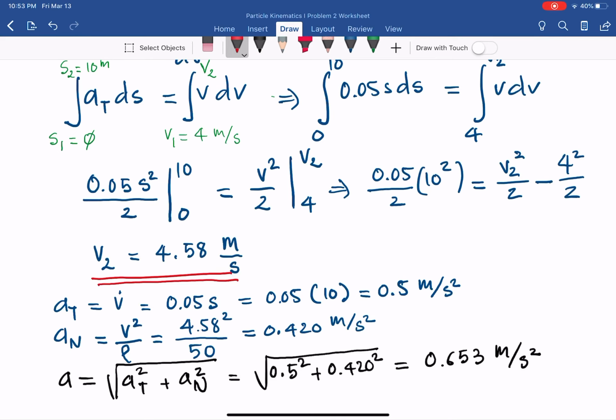So we can underline, this is the answer for the magnitude of acceleration.